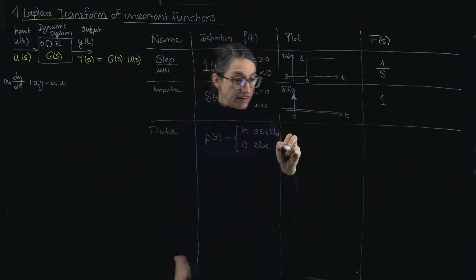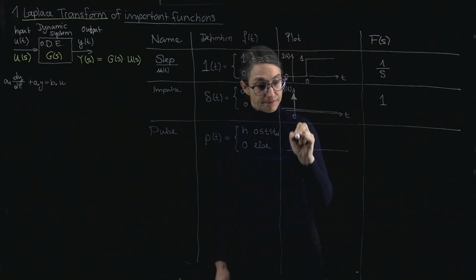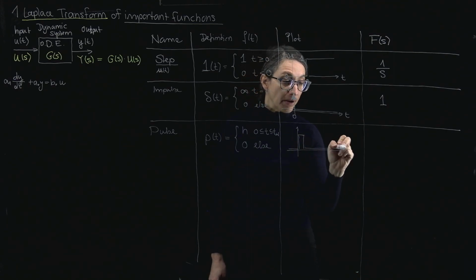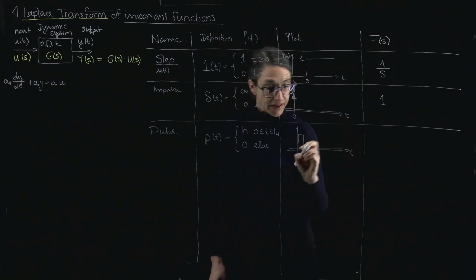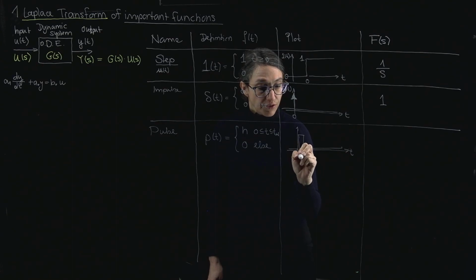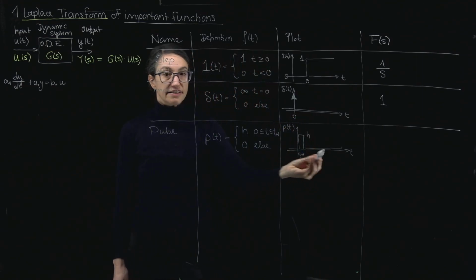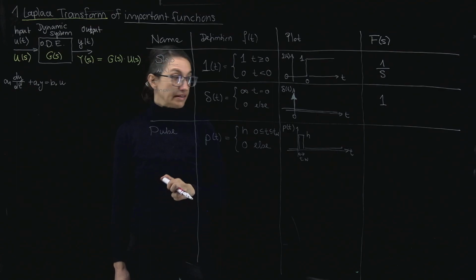So instead of having this infinitely high pulse, we have a pulse that looks like that. Between time 0 and tw, it is h, and it's 0 elsewhere.